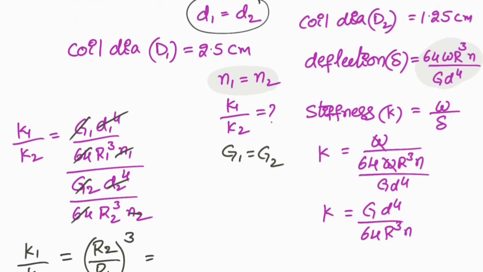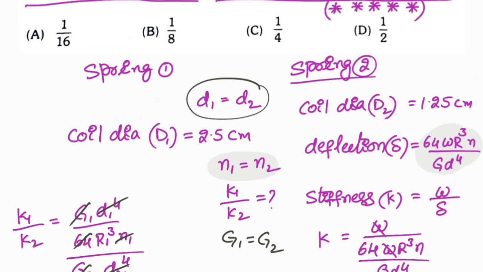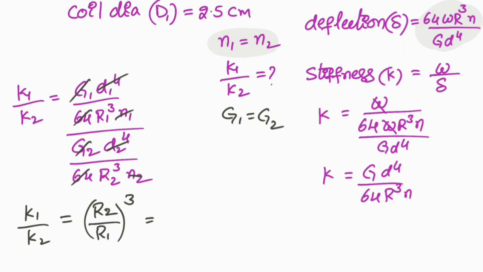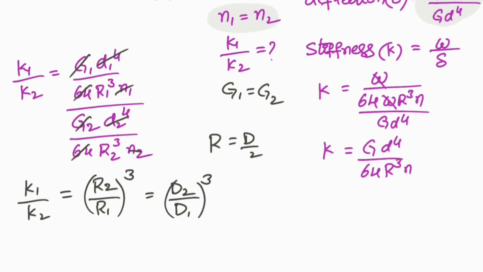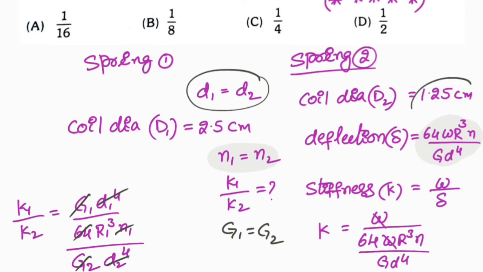But what is R2? Radius R equals diameter by 2, so R2 by R1 whole cube I can also write as D2 by D1 whole cube. Nothing is wrong, the 2 is getting cancelled. D2 is 1.25 and D1 is 2.5.